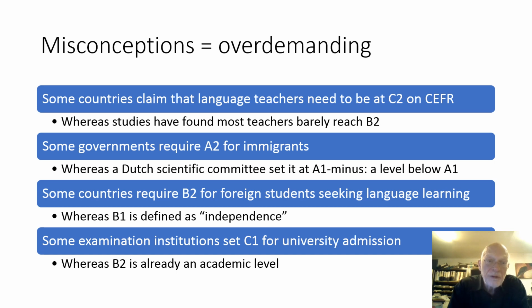Some countries require B2 for foreign students seeking to learn a language in the country. How would anybody who has a B2 still want to learn a language in the country when B1 is defined as independence?